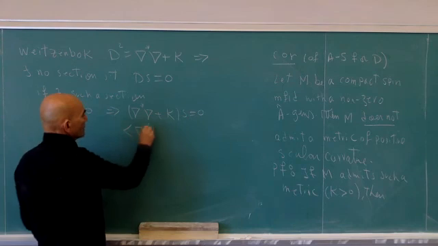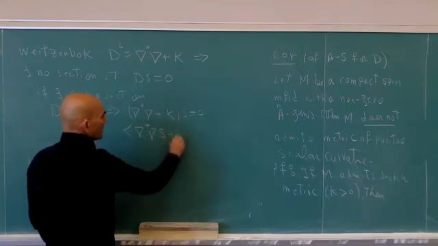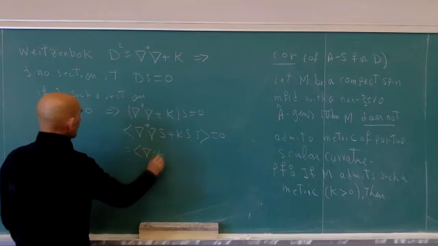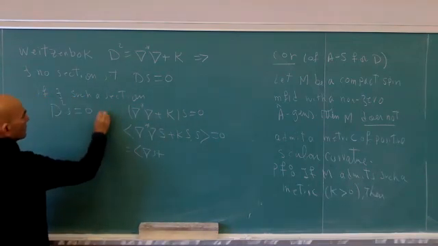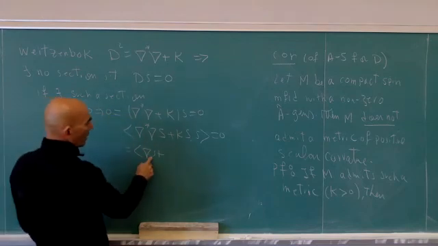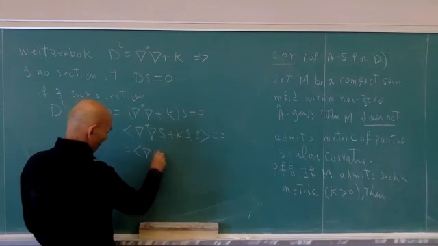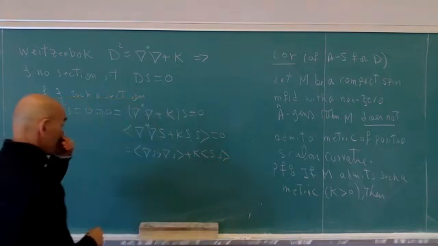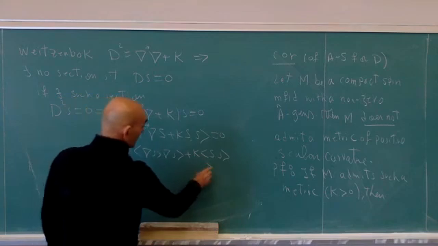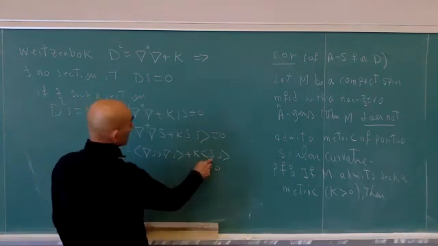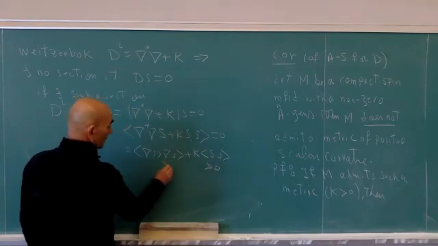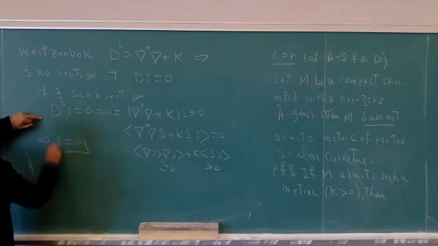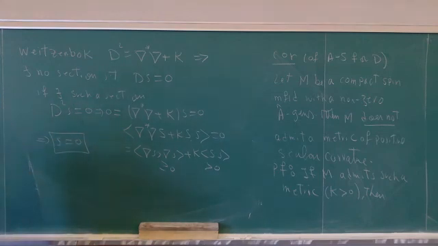So you get the inner product of nabla star nabla S plus KS with S equal to 0. On one hand this is equal to 0, and it is equal to the norm of nabla S squared plus the integral of K times the norm of S squared. Well, this is positive if S is non-zero, and this is bigger than or equal to 0. So this would be a contradiction. This would imply that S is equal to 0.